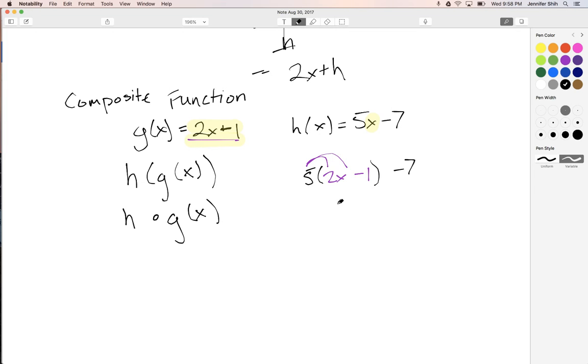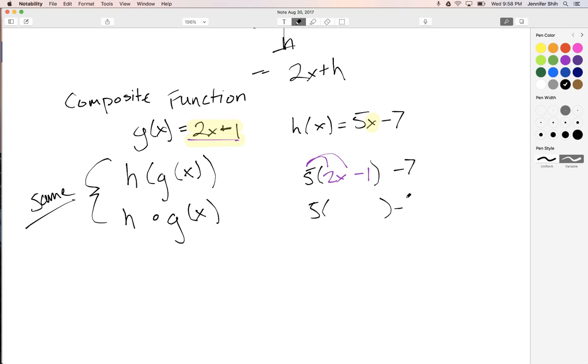On the diagnostic, you guys multiplied h of x and g of x. And I was wondering where you guys all got this answer. I think you guys just multiplied. So these are not equivalent. These are different things, h of g of x.